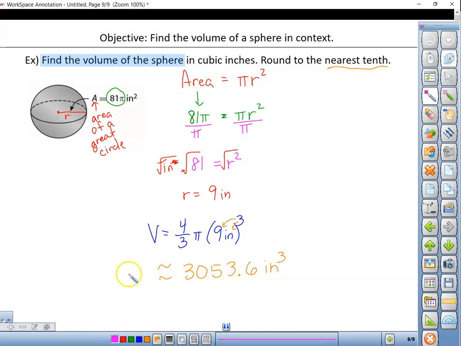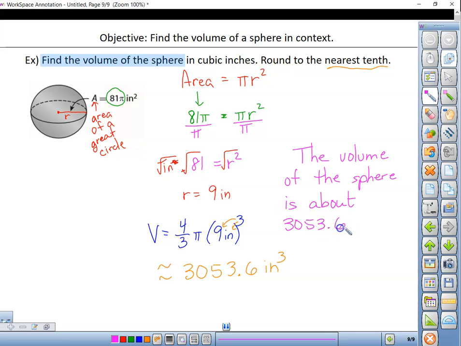So conclusion here, just volume of the sphere. So again, the volume of the sphere is about 3,053.6 cubic inches, or inches cubed.